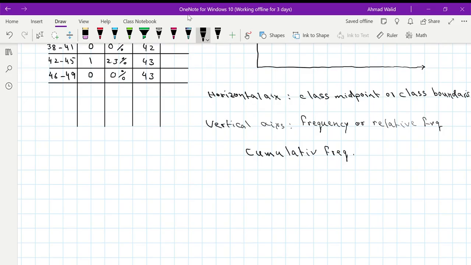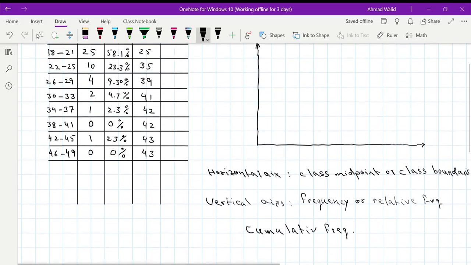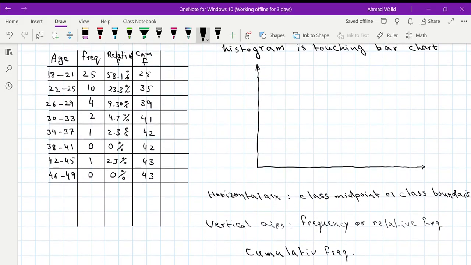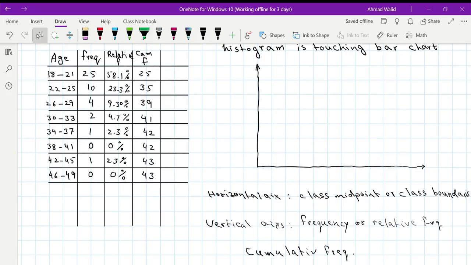Correct? I have here my data. I have my frequency table. I will start first. I will use the class boundaries. I'll mark it in my horizontal axis. Then I'll show you how to graph.